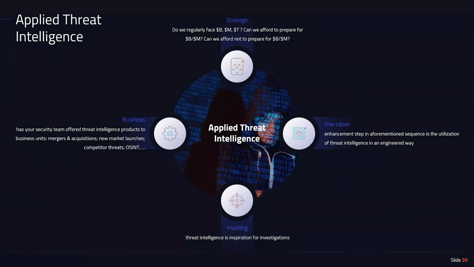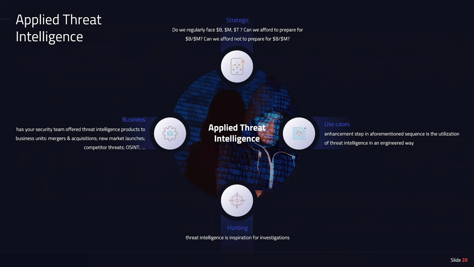When you build a use case and enrich it with threat intelligence, the question that you should be asking yourself is, how is this going to help the analyst who is looking at this particular alert? How is it going to help that analyst understand whether this is a false positive or something which warrants continued investigation? That's how we build it into use cases.